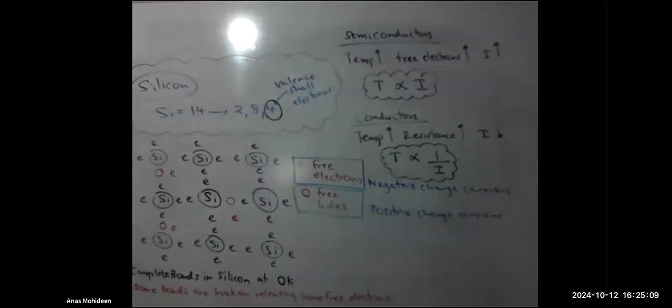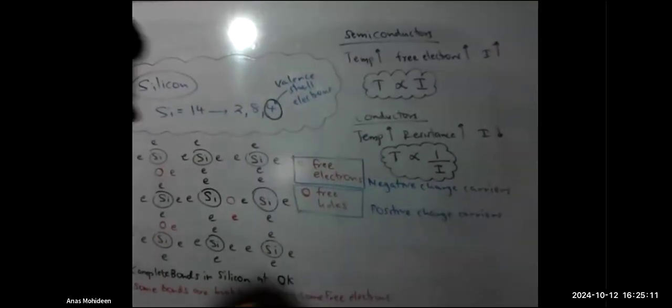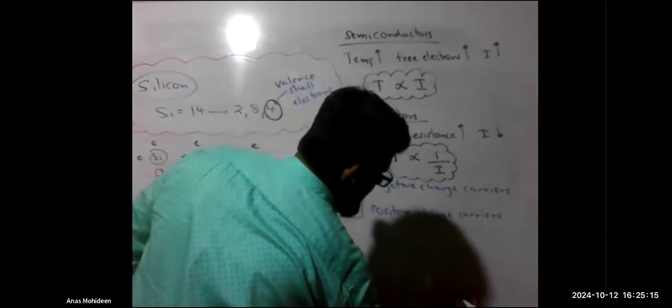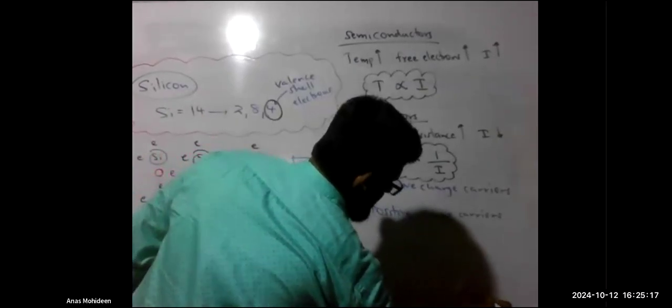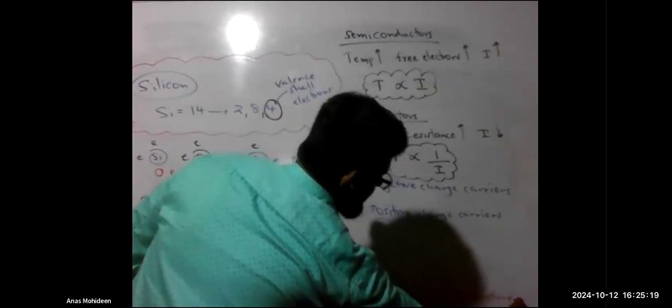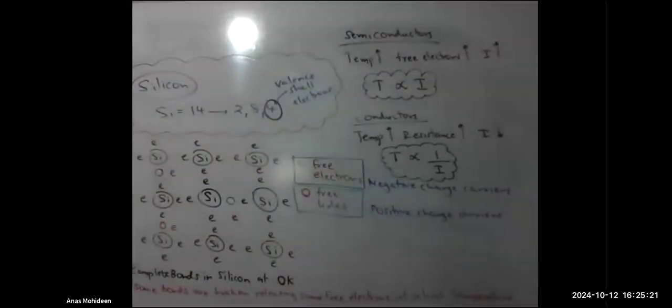Some bonds are broken, releasing some free electrons at a high temperature. I can write it down. You can't see, so I wrote it continuously.